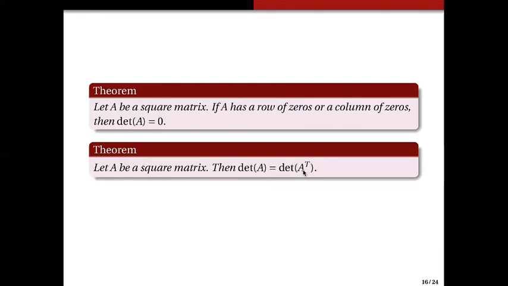The ith row becomes the ith column. So, try to find the determinant of A transpose by using cofactor expansion on the ith column. And you will still get the same value. So, the determinant of A is equal to the determinant of A transpose.